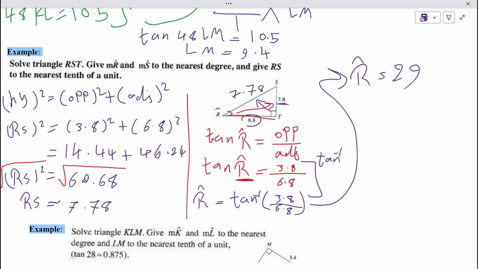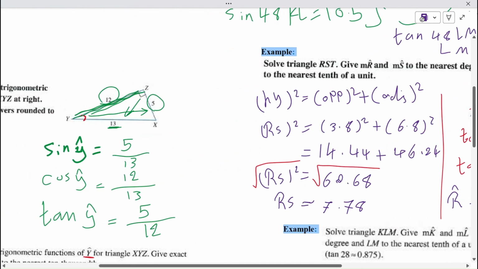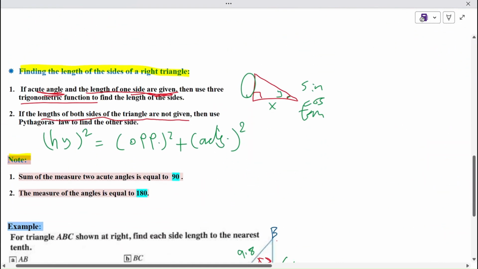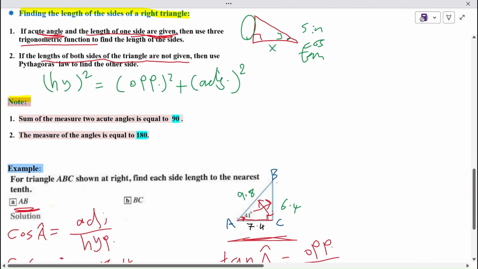So, what about the degree of S? Guys, we know the degree of R is 29, and RS is 7.78. And if you remember, at the start of this lesson we had a note. Let me show you. This note says the sum of the measures of the two acute angles is equal to 90.